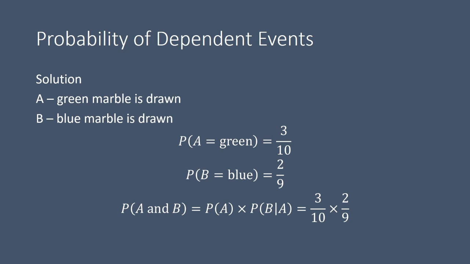We cancel common factors: 3 over 9 is 1/3, and 2 over 10 is 1/5. So 1/3 times 1/5 is 1 over 15. That is the probability of drawing green and blue marbles from this urn, one after the other without replacement: 1 over 15.